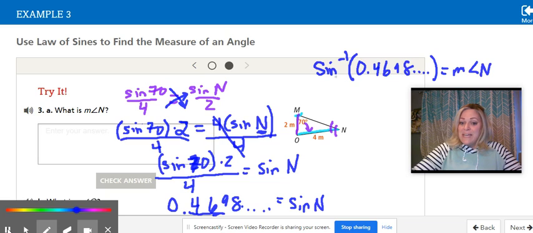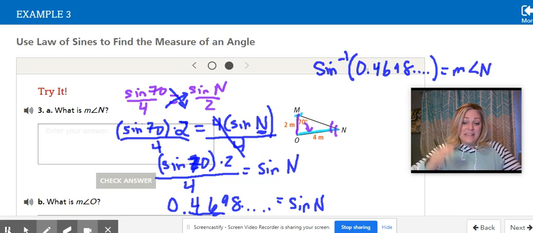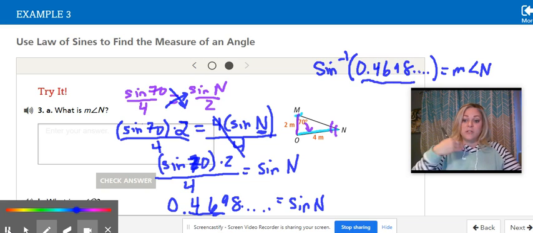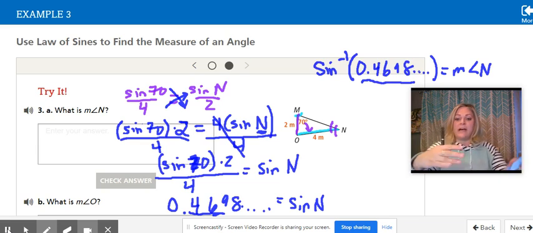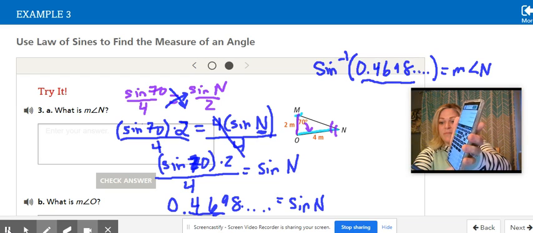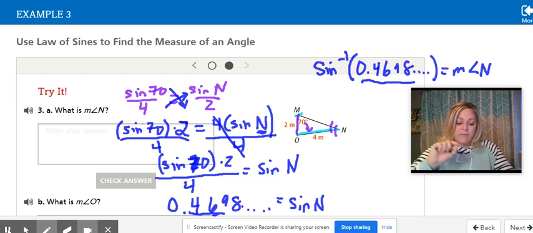So I'm going to take my calculator, and this time I'm going to leave all this decimal in. It's still in my calculator. So if I was helping you live, I would say for most calculators, you would hit second sine. That gives you that inverse, that -1 up there. And then second, the negative down here at the very bottom, right above it, it says ANS.